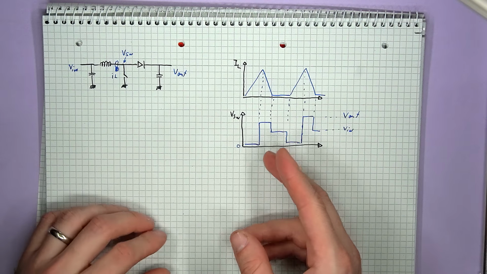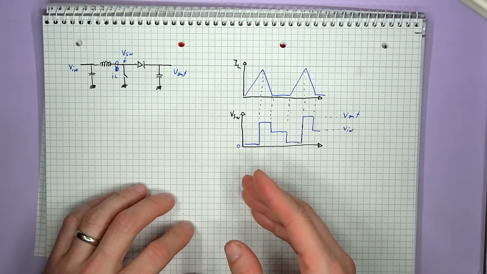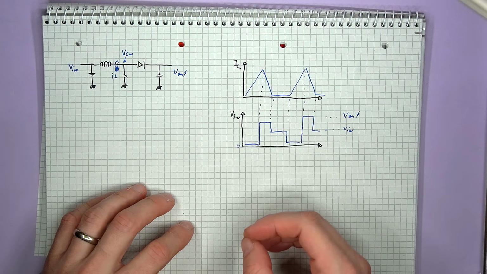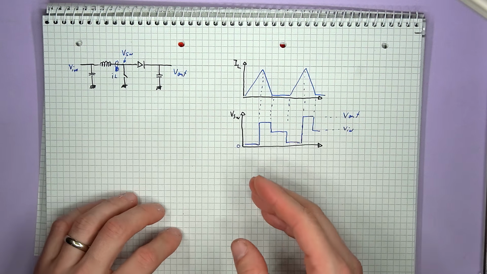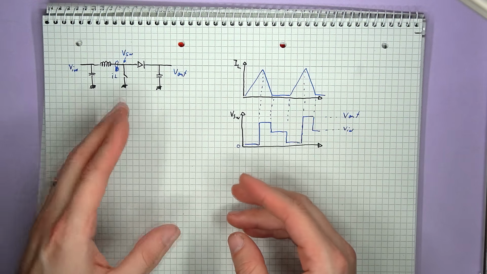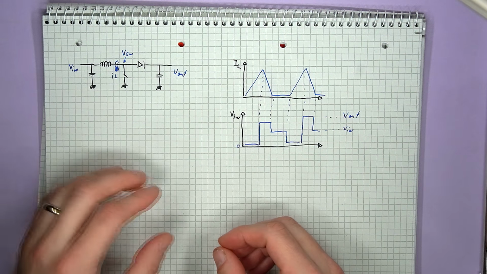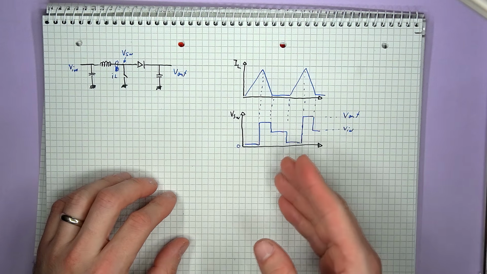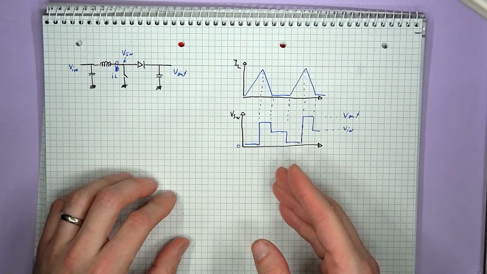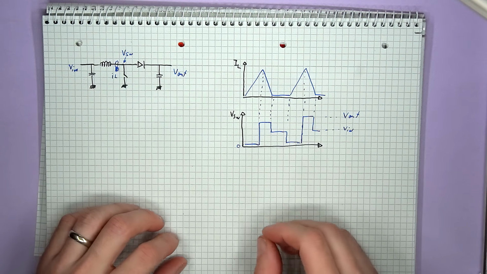So the ideal diode has no voltage drop on it, so the switching node is at the same potential as the output. And then once the inductor current runs out, the diode instantly blocks, and the voltage in the switching node will be equal to the voltage on the other end of the inductor. In the case of the boost converter, this is the input voltage. After that, the next switching cycle begins, so the voltage will again drop to 0 when the switch is on.